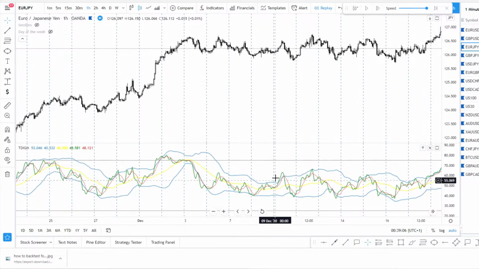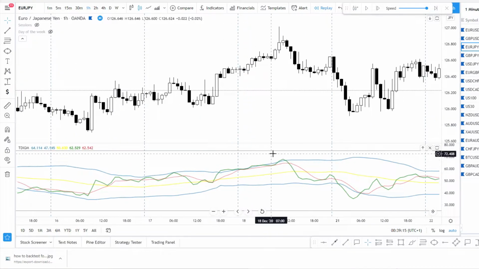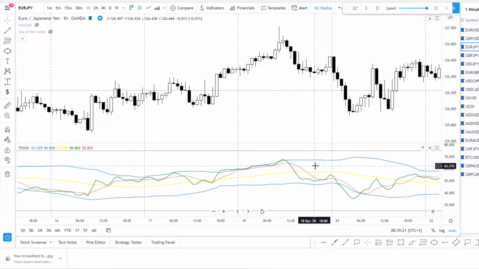these moves, and I forgot to mention, this impulsive move, this green line, has to be below or above this blue line, because this blue line, if you don't know the TDI indicator, it's like Bollinger Bands.